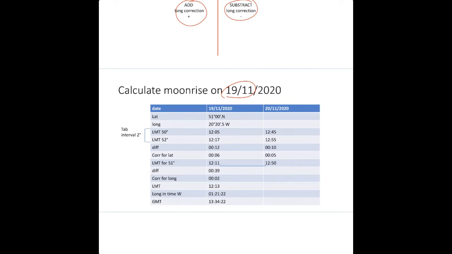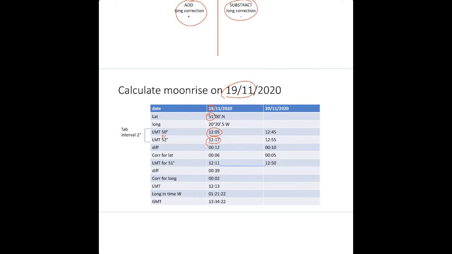The LMT that you find in your nautical almanac, you can check this with me: we are at a latitude of 51, which is between 50 and 52. So for 50 degrees latitude, we find an LMT of 1205 on the 19th and 1217 for 52 degrees. This is actually the same procedure as we would do for the sun.